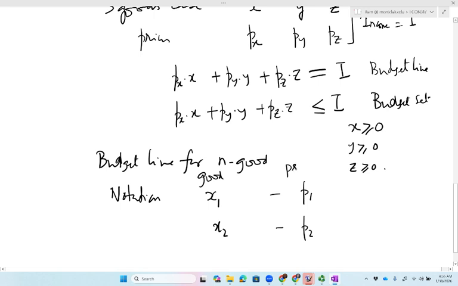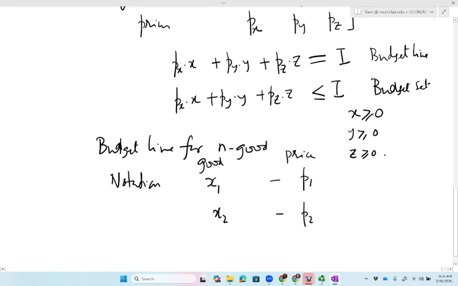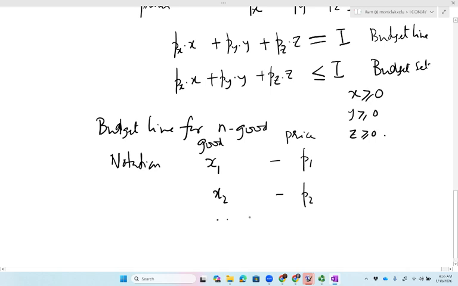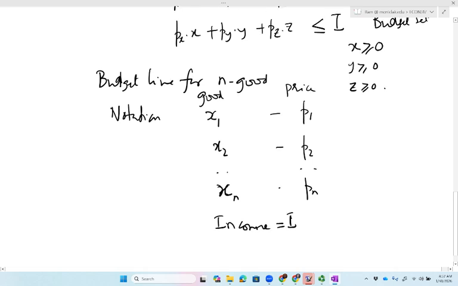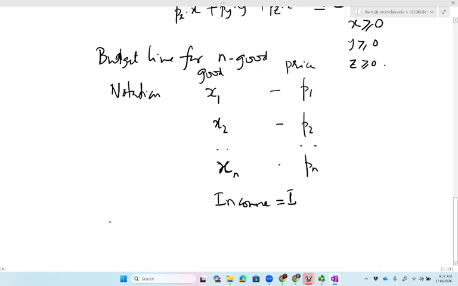We go on and on till we reach xn, the last good, and its price being pn. Income, no change. I have income as before, I.